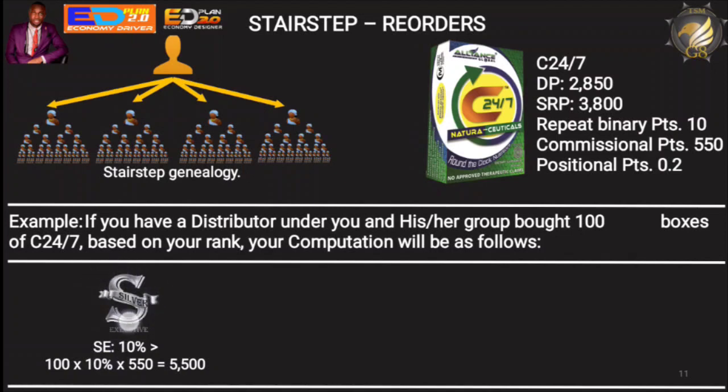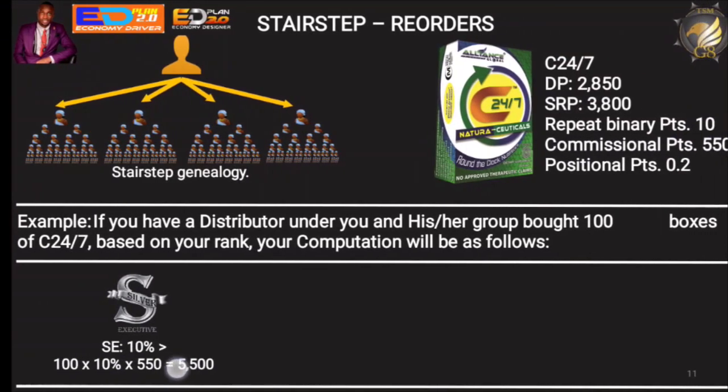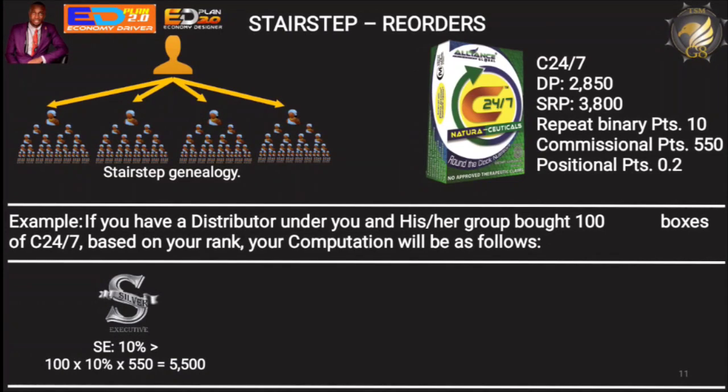Silver executive exposes you to 10% income of the stair-step value. So you have 100 people, you earn 10%, and then times 550. 550 is the commissional value for this one box of C247. How much is that? That is 5,500 Kenyan shillings.